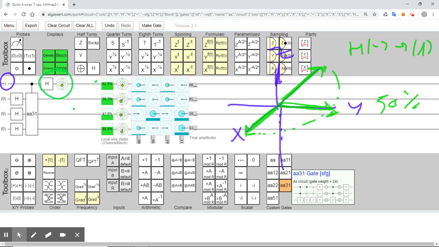Then it will just bounce back. Oh wait a second. So the global phase is just because of the oracle?